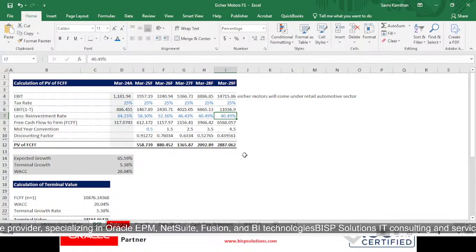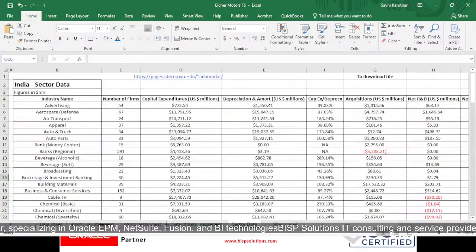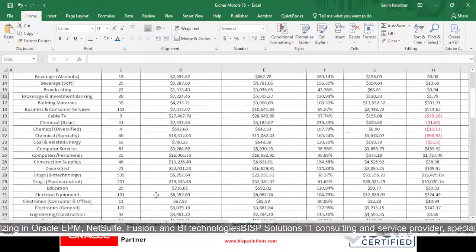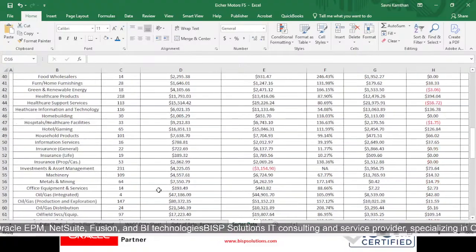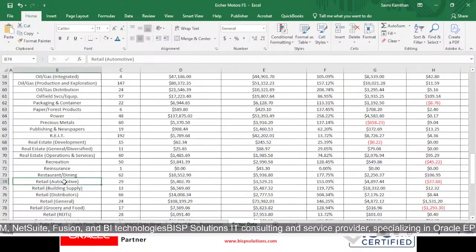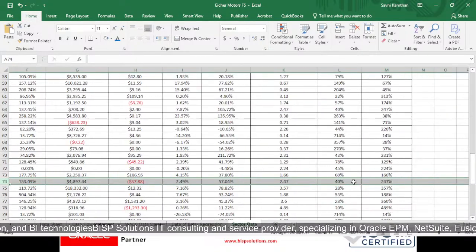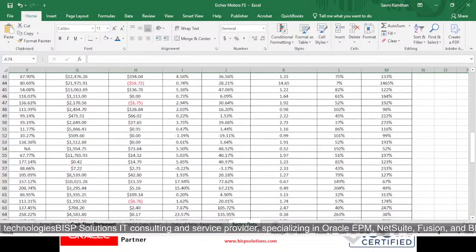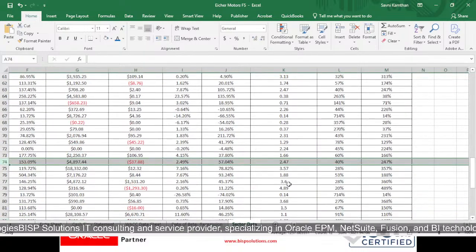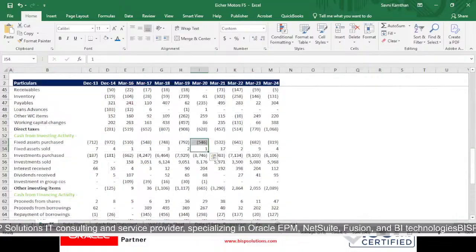And in my sectoral data, I have taken Ashok Motors, so it will be coming in retail automotive, so it is giving me a reinvestment rate of 40%, or we can say 40% only.